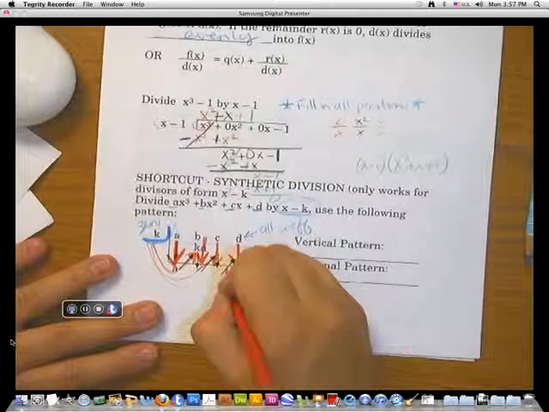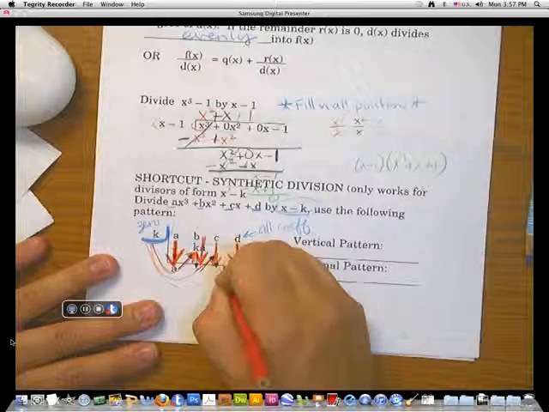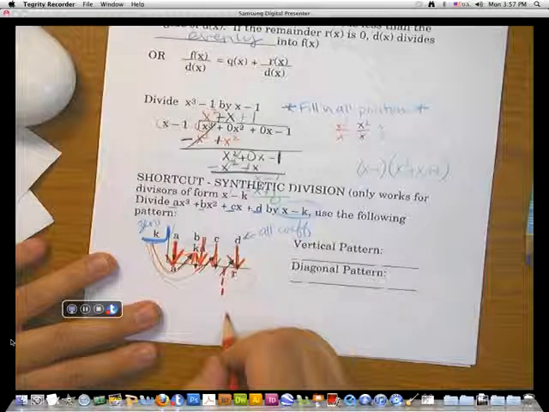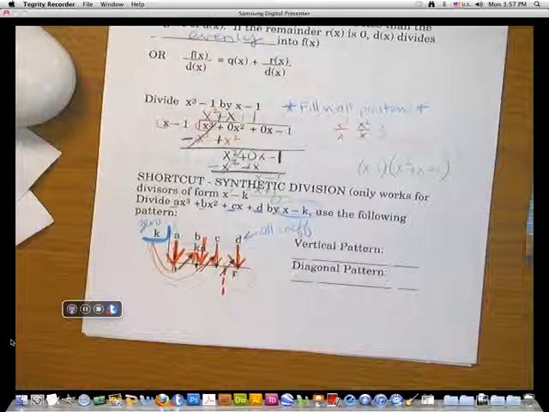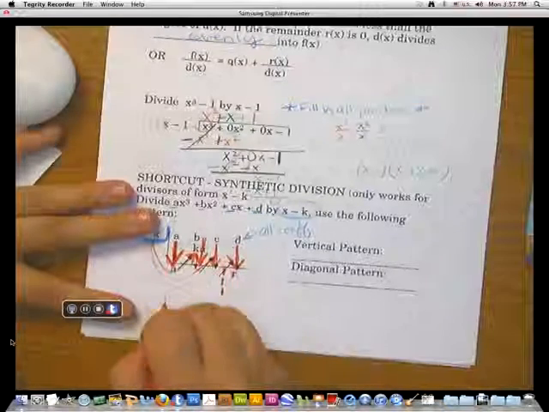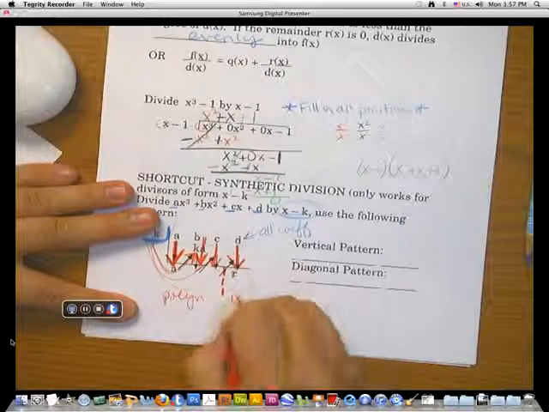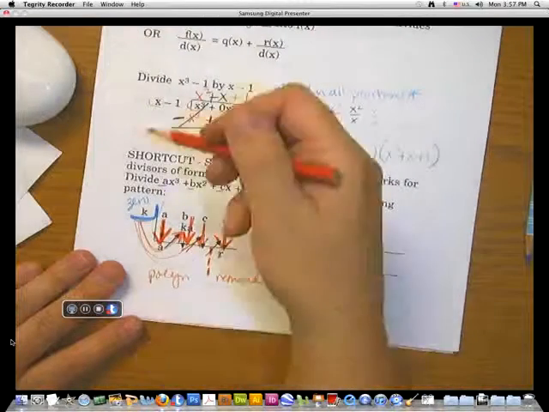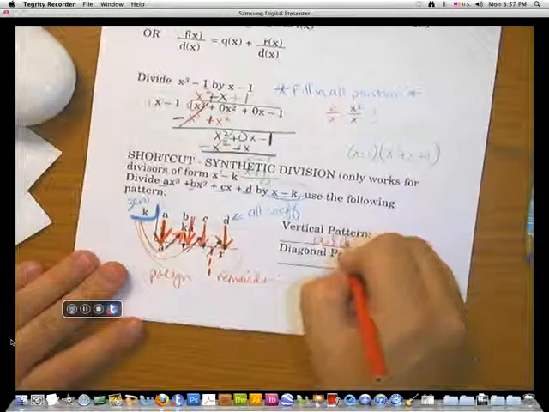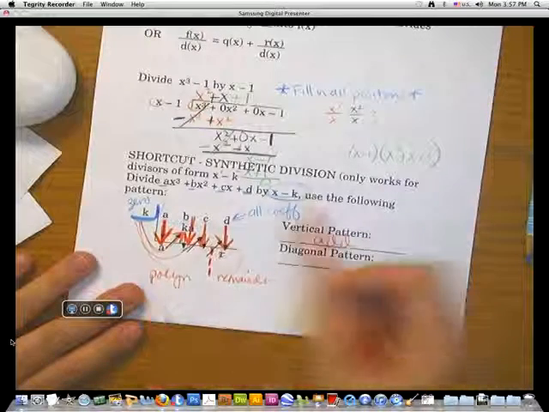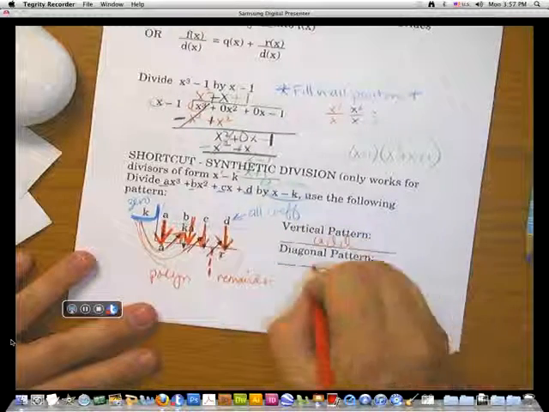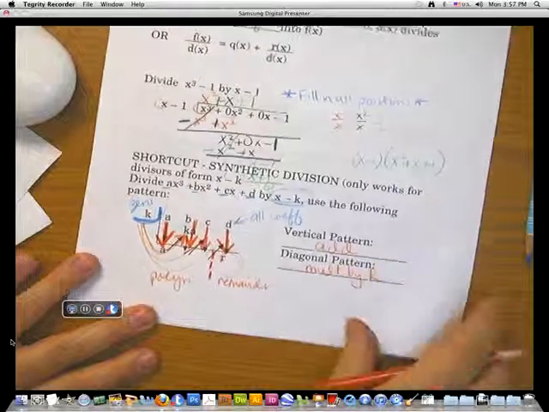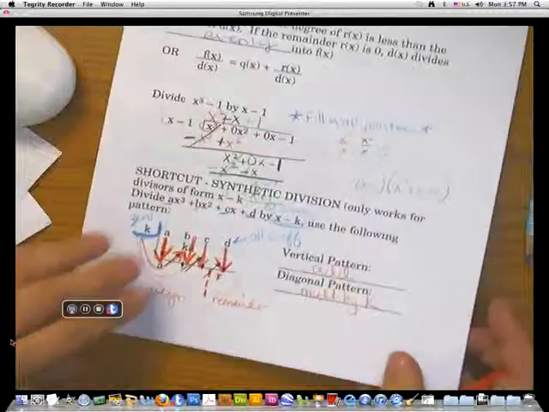Now this is always your remainder. I always have you put a little dash there, so that way you know that it's a remainder. So you're going to want to add in that little dash, and it will separate out the polynomial from the remainder. So the vertical pattern, the up and down pattern, is adding. The diagonal pattern is the multiplying by k. And we're going to practice this.